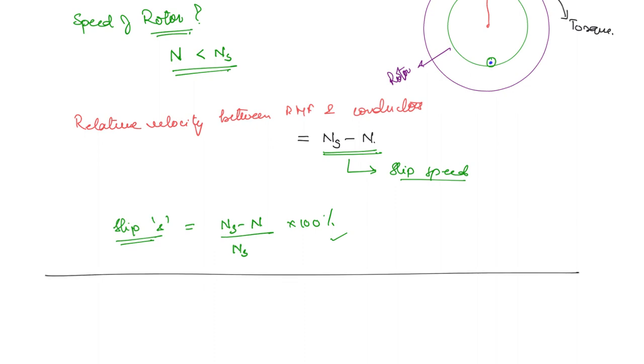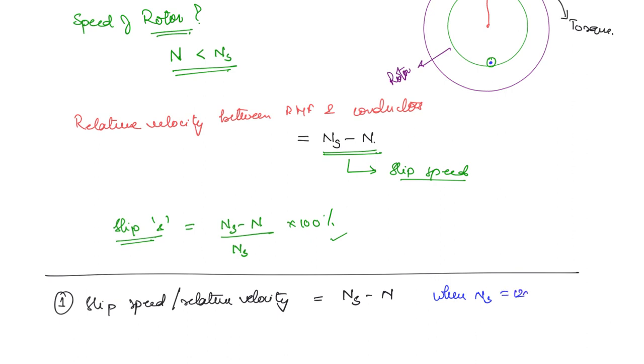So we can write these two as a sort of summary. The slip speed, or the relative velocity between RMF and conductor, is given by ns minus n, where ns is equal to 120 Fe by P. This is called the synchronous speed, and n is the speed of the rotor, the mechanical speed of the rotor.